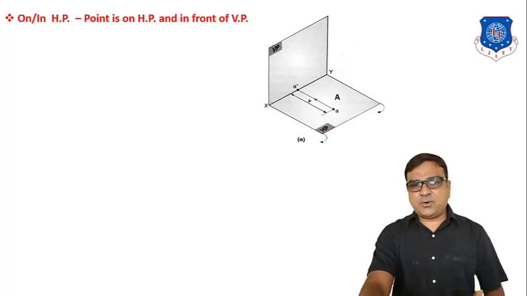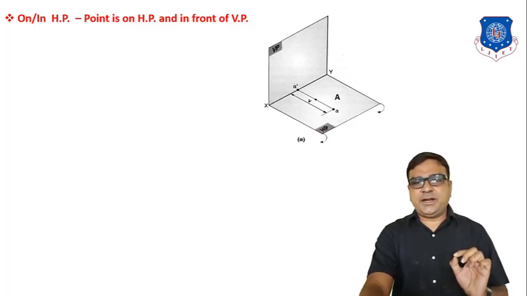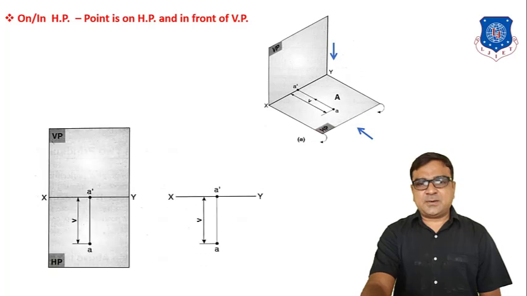The distance in front of VP is V. Here the distance of point A from the horizontal plane is 0, so point A is exactly on the horizontal plane. Now when you observe from here, the front view of A and the top view of A are projected on the horizontal and vertical plane.